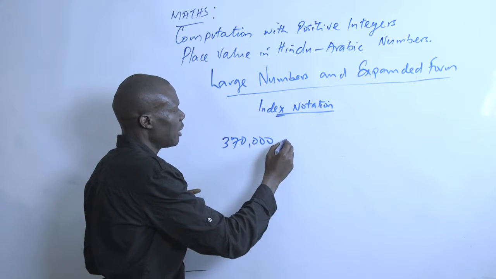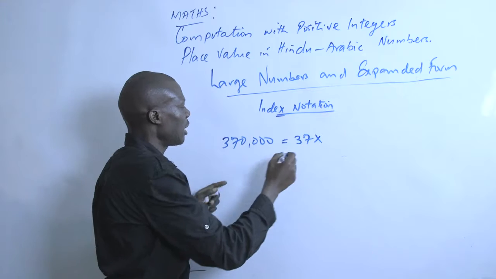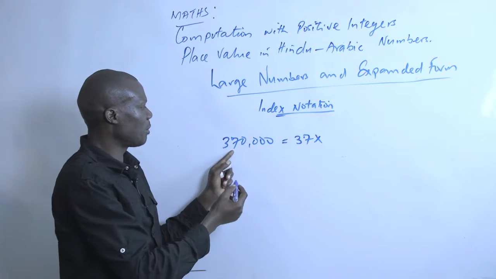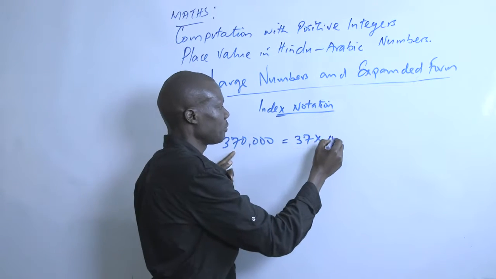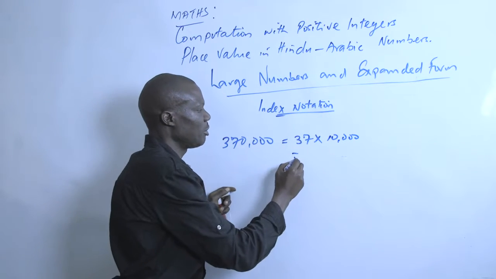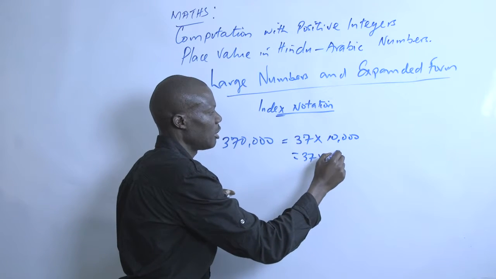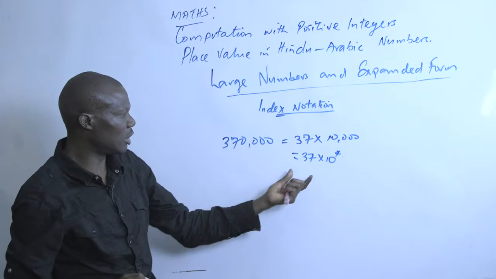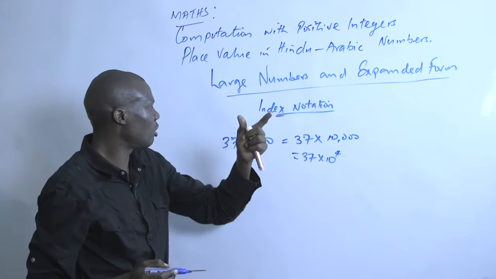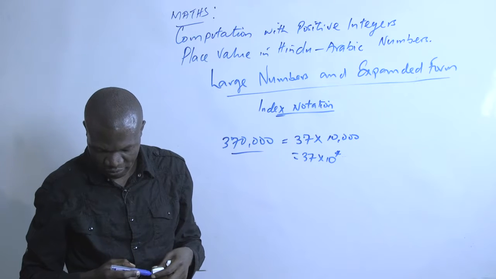So with 370,000, we shall take up to 37, since that 7 is at the position of 10,000. Changing it into index notation, it will be 37 times 10 raised to the power of 4. So this is the index notation of the basic numeral 370,000.